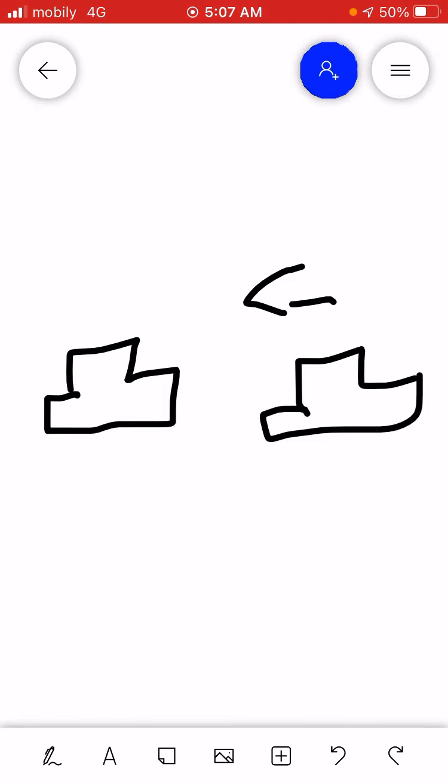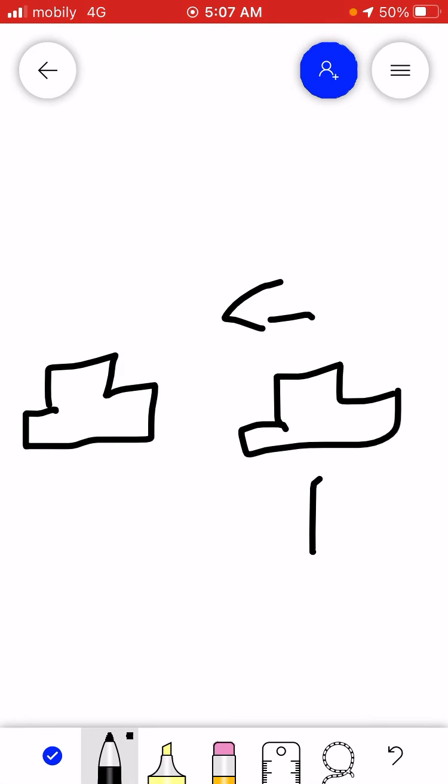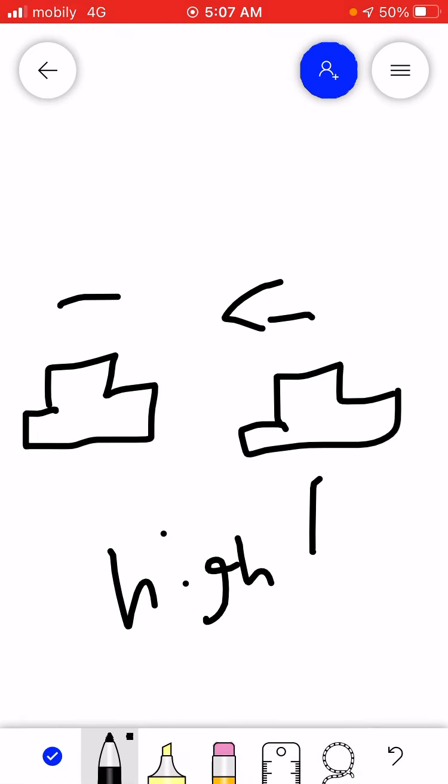So basically, the first car, the bigger one, the huge one with the higher momentum, will shift the small car's vector to the left.